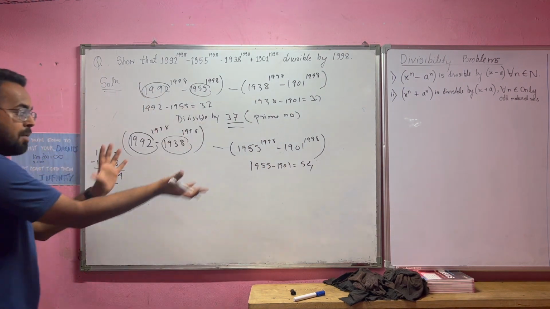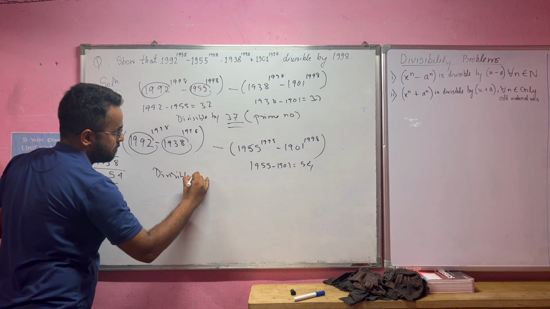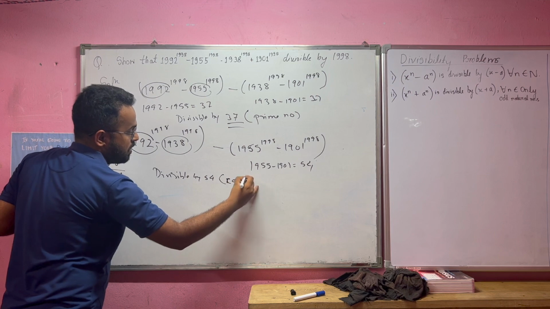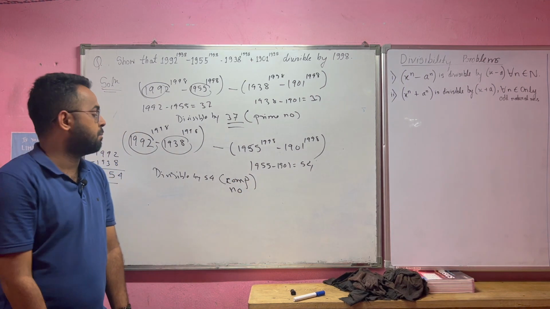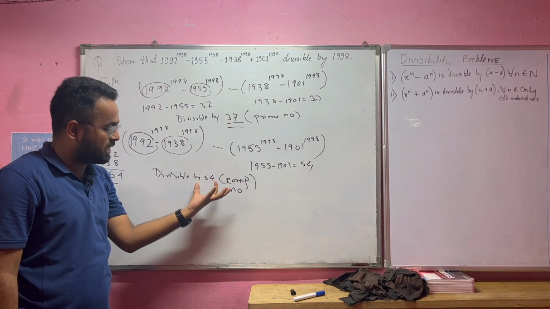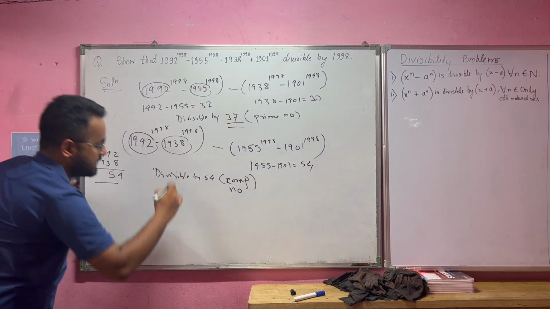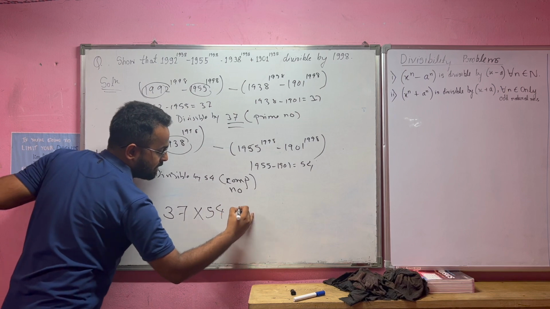The entire term is divisible by 54. 54 is a prime number or composite number? Composite number. So this number is divisible by 37 and this number is also divisible by 54. Since this number is prime, so this entire number is divisible by 37 into 54, which is nothing but 1998.